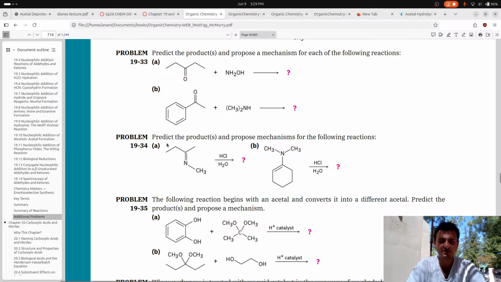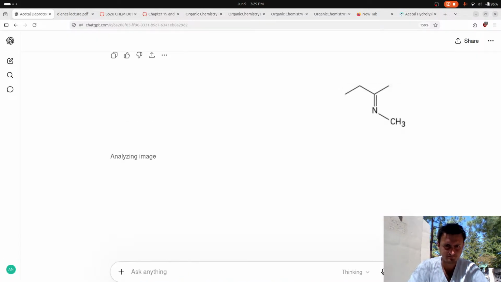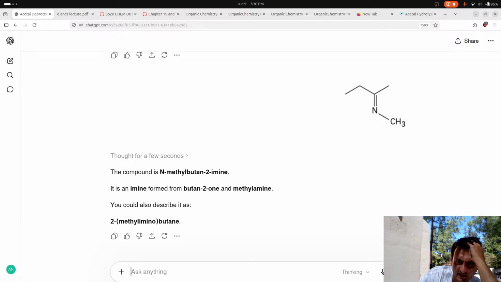And how do you even name these imines? We never even learned this. How do you name this? N-methylbutane 2. Oh, okay, cool.